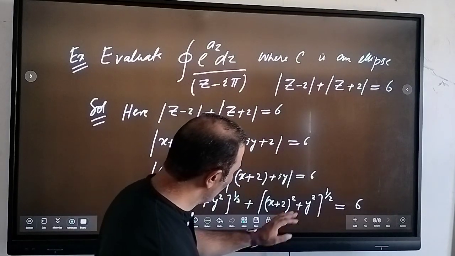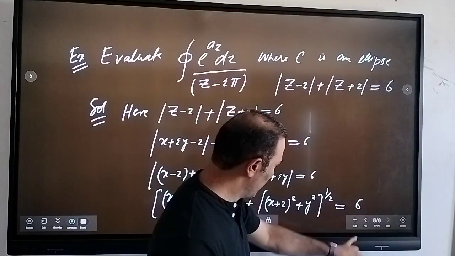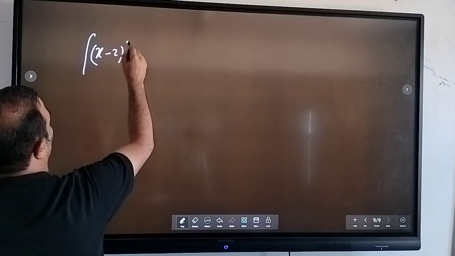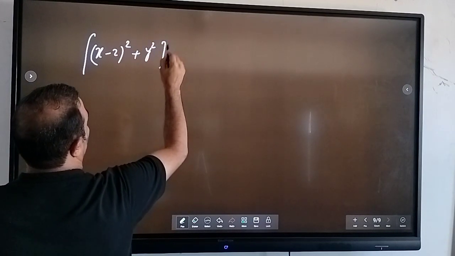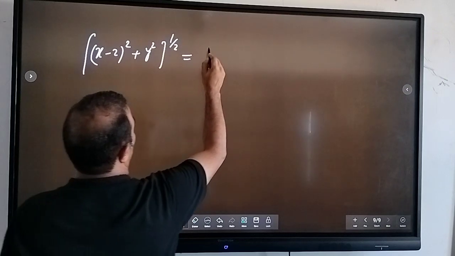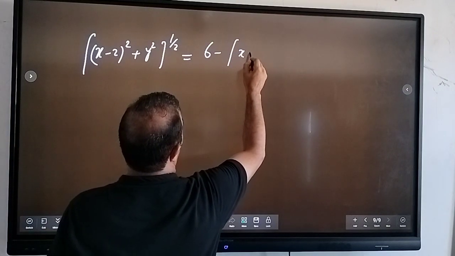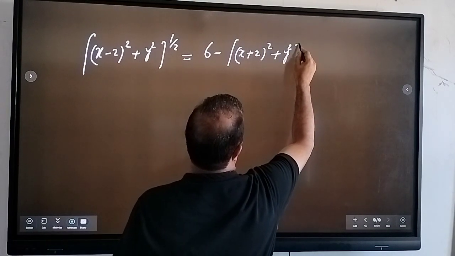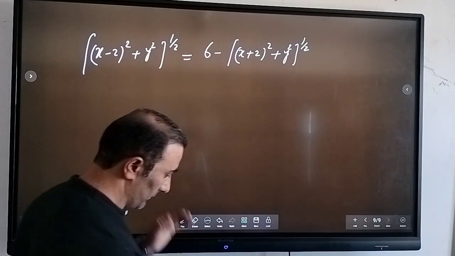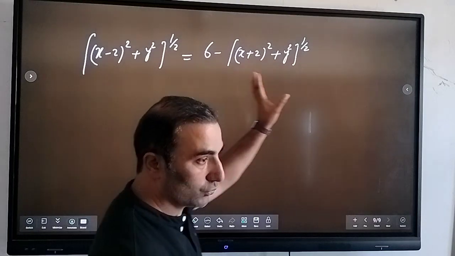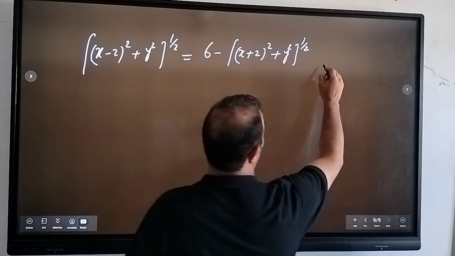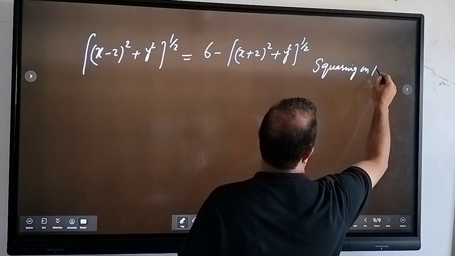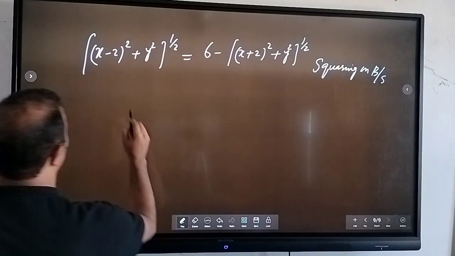Now we do one thing. You just put this term over to the right hand side. Now do squaring on both sides.